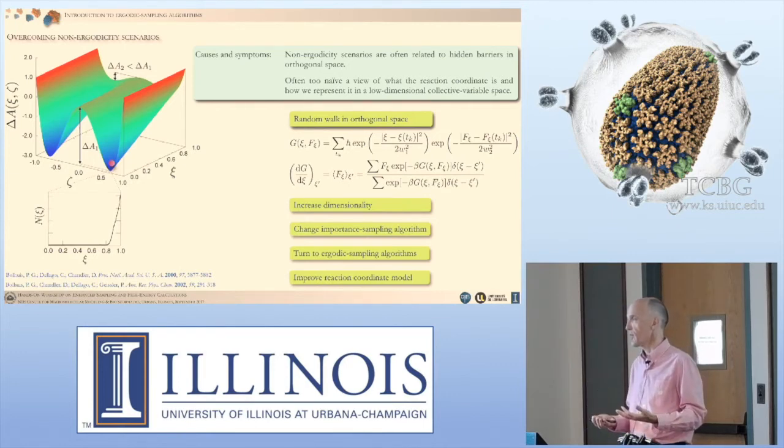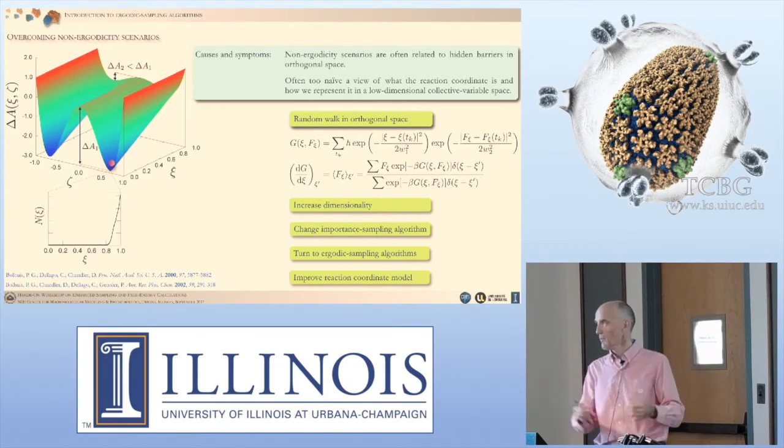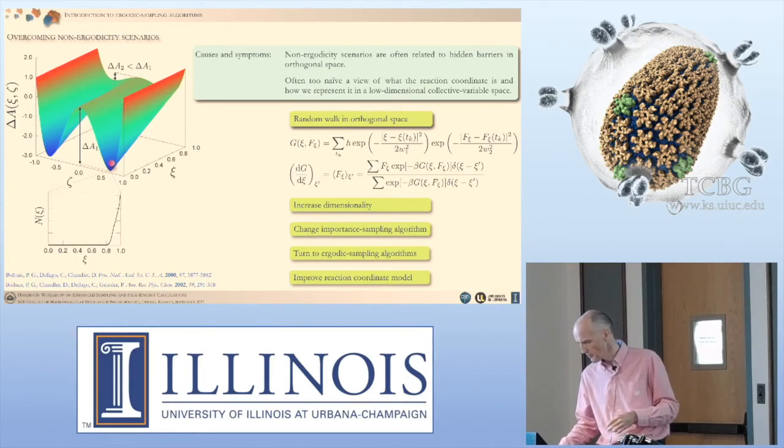That's the beauty of these calculations: you can combine algorithms seamlessly. You have your importance sampling algorithm for variance reduction, PP, TI, whatever, and then using a replica exchange-based algorithm, you can definitely help ergodic sampling. And then improve the reaction coordinate model, which is related to the increase of the dimensionality.